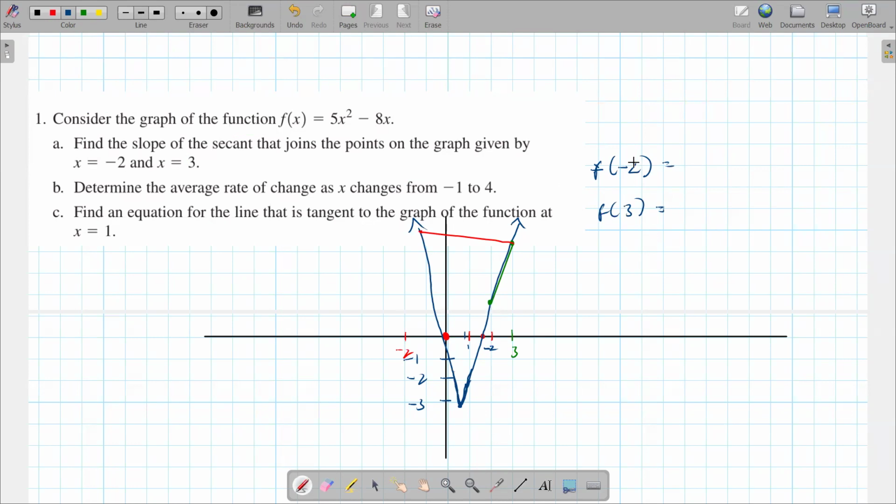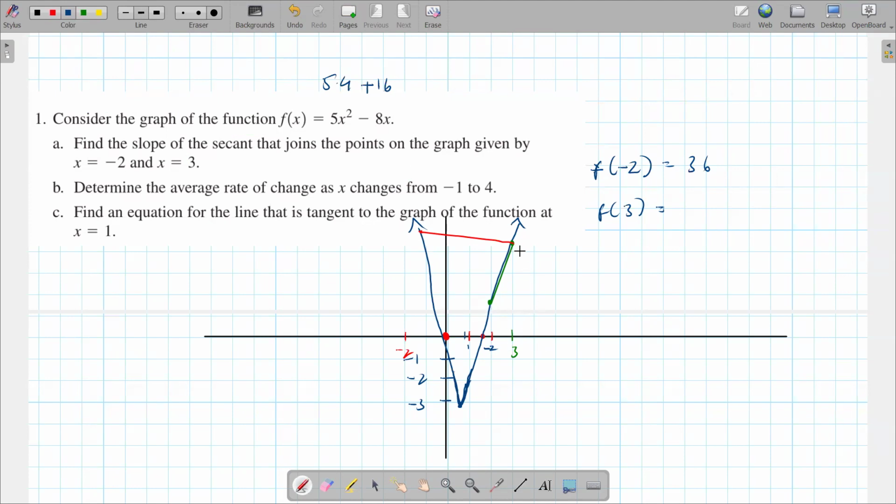So at -2, mental maths, if you plug -2 in here, what's the y value? So it's 5 times 4 plus 16, right? What is that? 36. That's why it was not on this page, because it's way off.